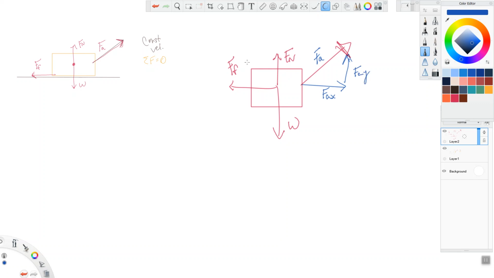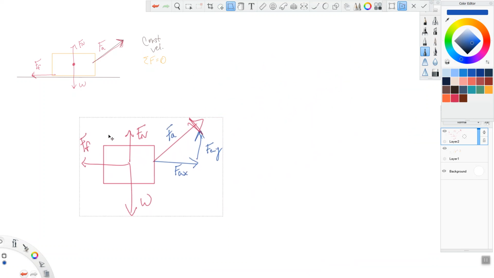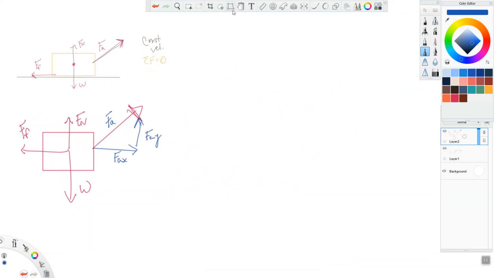From here, now that I've drawn my components, what I can do now is write out my equilibrium statements. So let's go ahead and do that. What I can say is that in the horizontal direction the summation of my forces, we already said earlier, is going to equal 0. So summation of force in the x direction is going to equal 0.